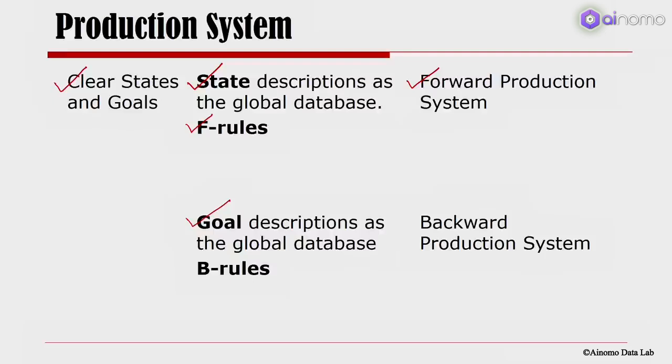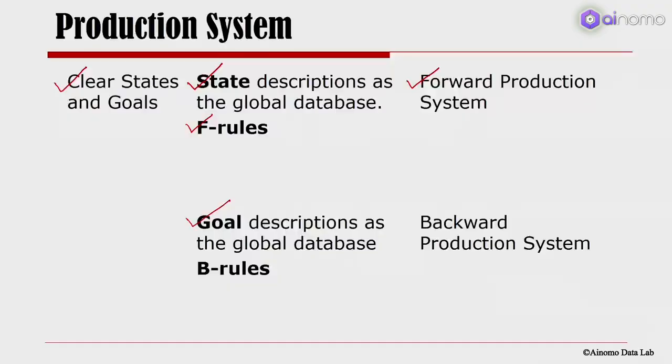So the whole database that I have, the facts that I generate, are actually goal descriptions, and I have a group of backward rules so that I can start from the final goal, reach the sub goals on the way, finally arriving at the initial state. What I have is a backward production system.